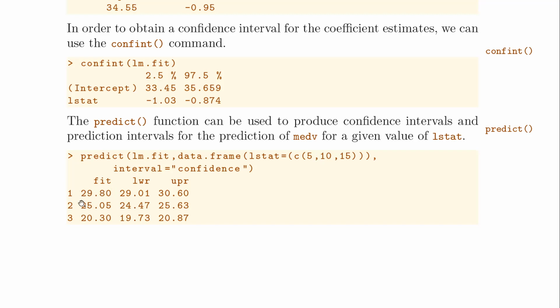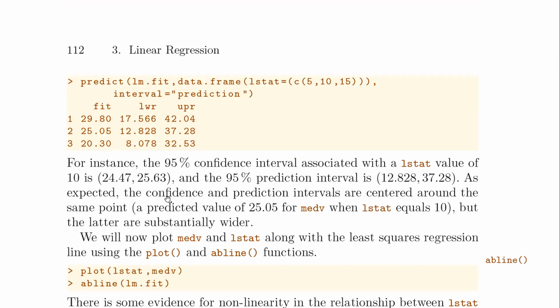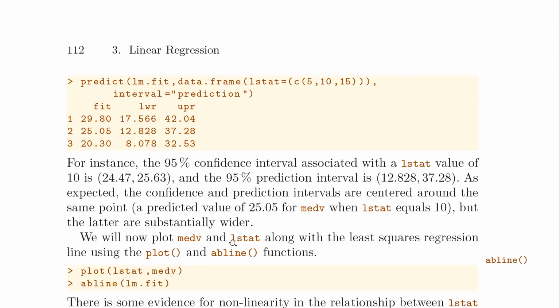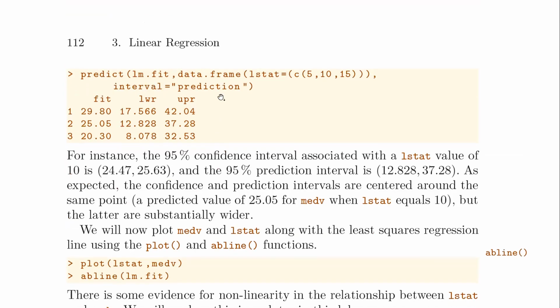And I think this is following the model without allowing for any interval. And this would be like maybe a lower bound and upper bound, again some kind of confidence interval. Although it's saying interval equals confidence and interval equals prediction.